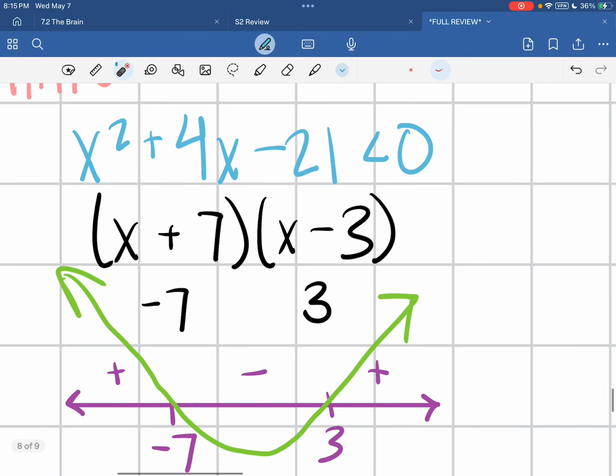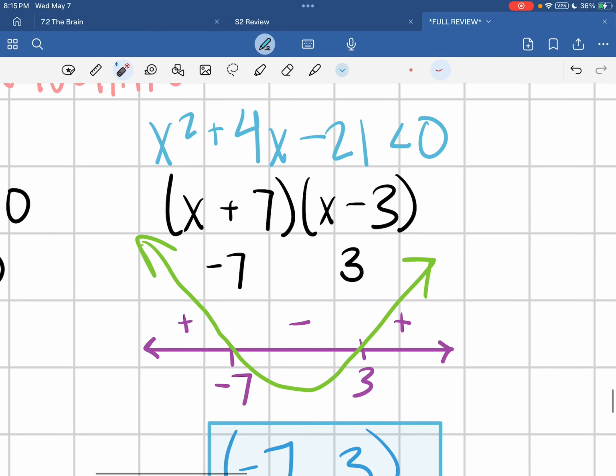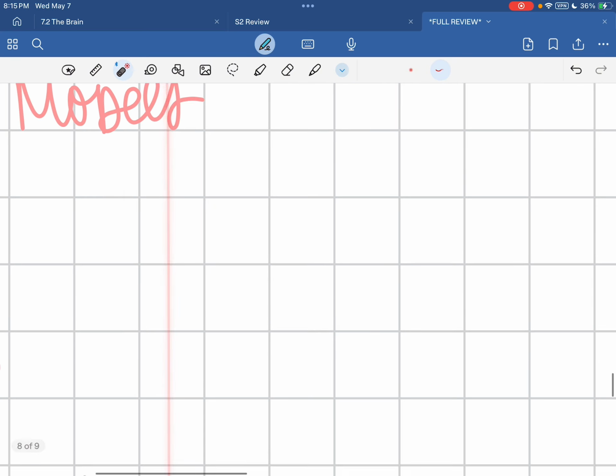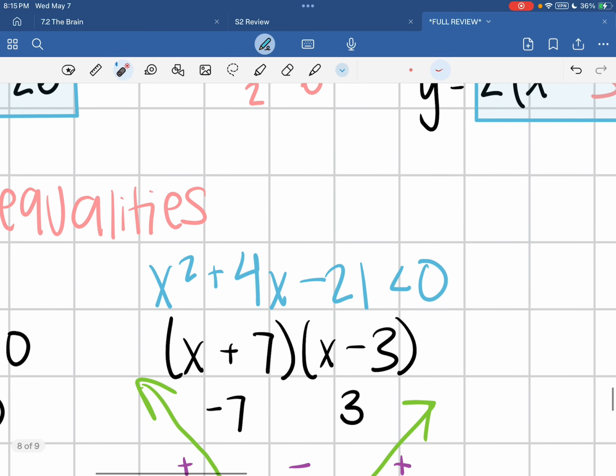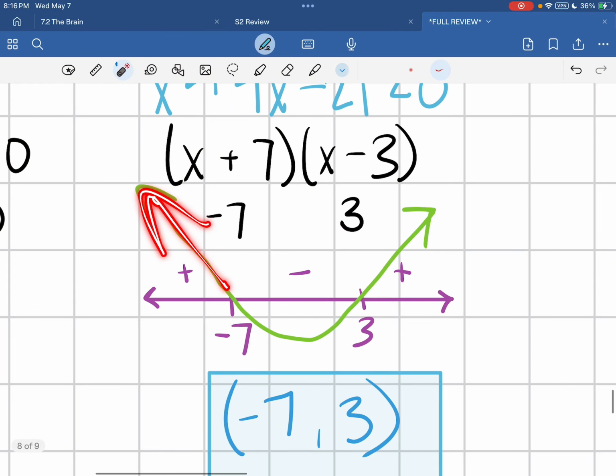Over here, I factored the quadratic, so I get x plus 7 and x minus 3, meaning negative 7 and 3 are the zeros. And then I realized that x squared is a positive coefficient in an even exponent, which means the end behavior is like this.